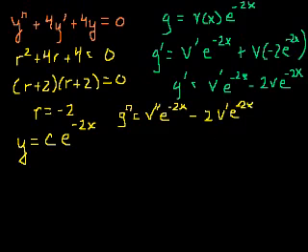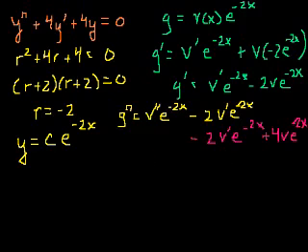And then the derivative of the second expression, the derivative of the first one is v prime, so it's going to be minus 2v prime e to the minus 2x, plus, just a product rule, minus 2 times minus 2, plus 4v e to the minus 2x. I hope I haven't made a careless mistake. And we can simplify this a little bit.